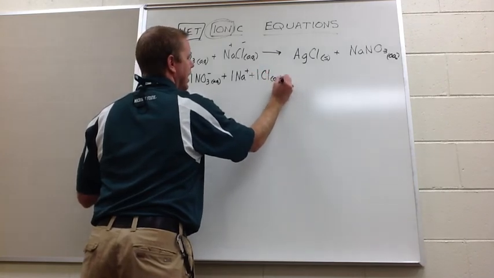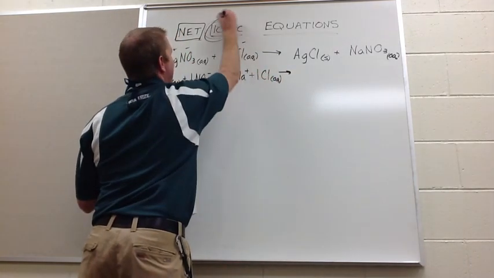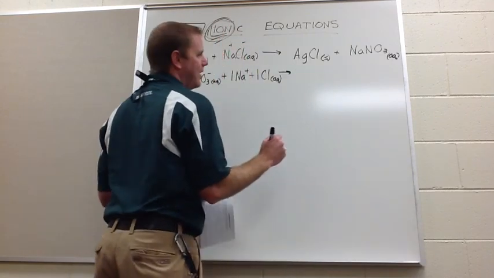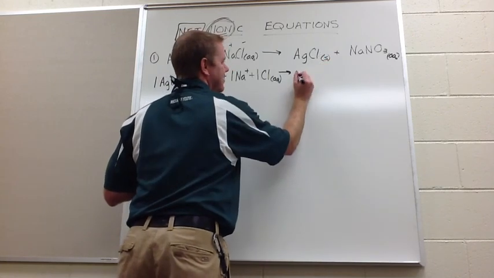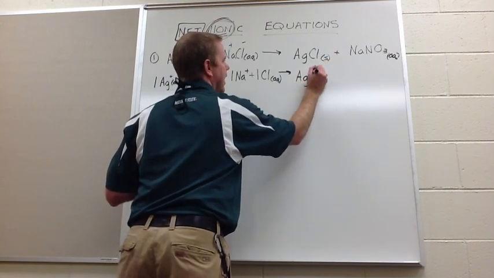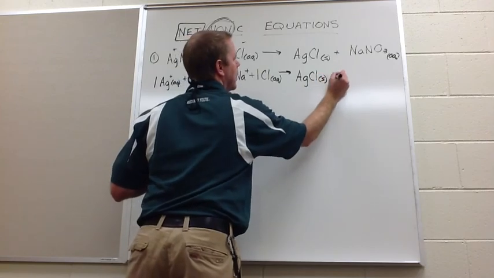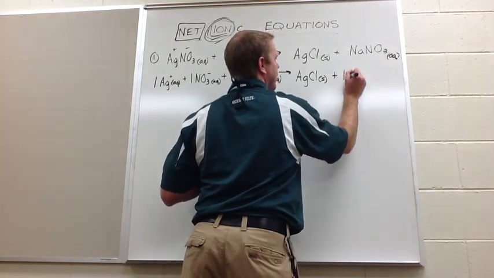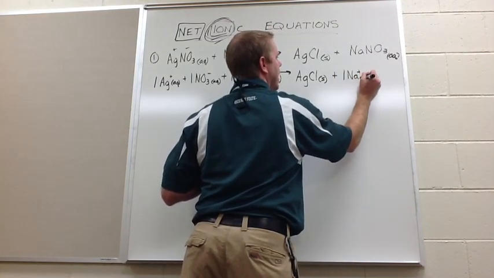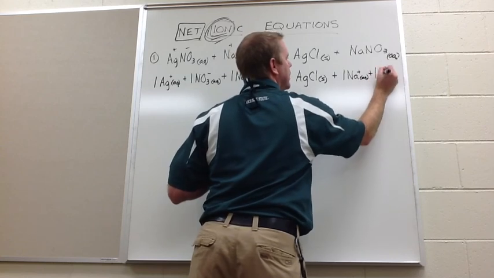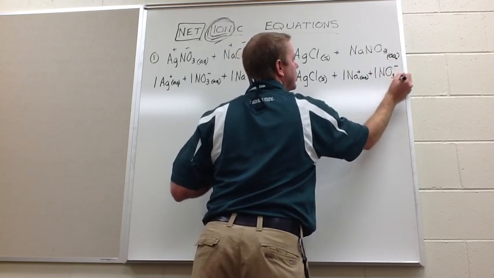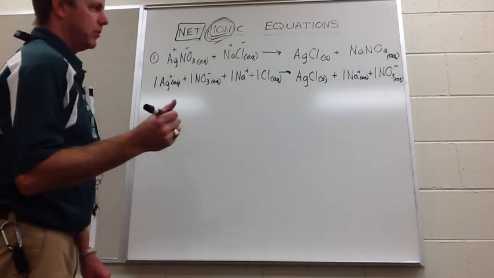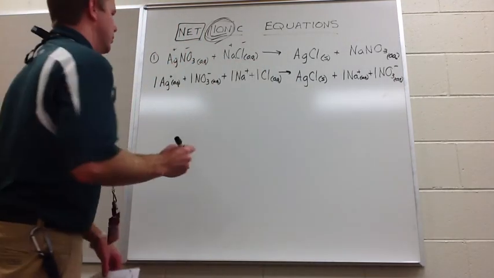Now, why am I breaking them apart? Because this is ionic equations. The ions, what do? AgCl solid, just that. It's a solid. It's not dissolved in water. It does not break down or dissociate is the term. So AgCl solid. Here, NaNO3, we end up with 1 Na plus aqueous ion and 1 NO3 minus aqueous ion. Next thing we do is we go look for spectators. What's on both sides but didn't actually do anything.